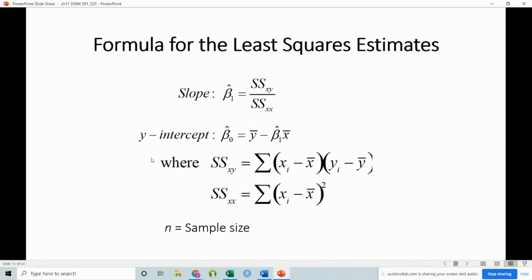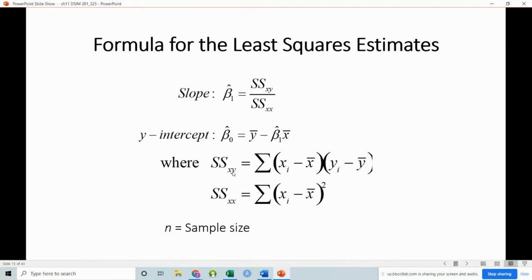So to find the sum of squares xy, we need to find the sum of the difference in the x values from the mean x value times the difference between the y values from their mean y value. So we take the sum of each of our x from their average, and we multiply that by each y subtracted from the average y value. And that will give us the sum of squares xy.